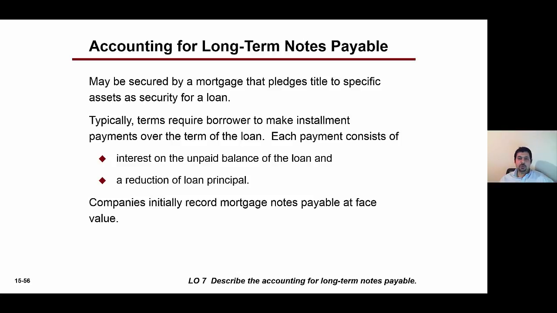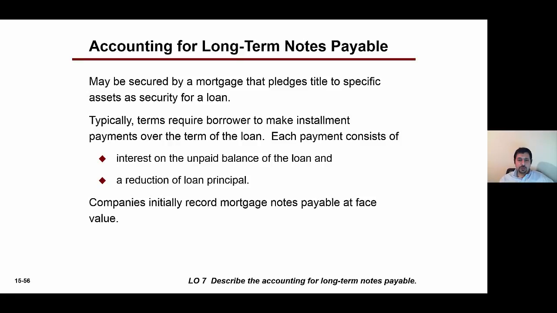So every installment would be part interest and part principal. That is the original amount that was borrowed using that notes payable. The reason here is that interest will be paid because it is for a long period of time.